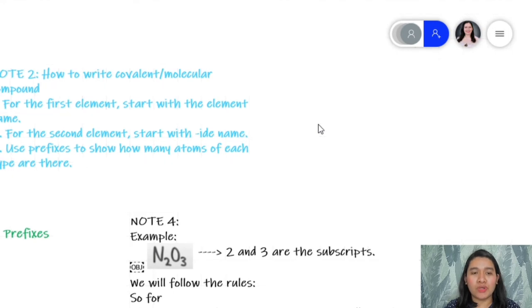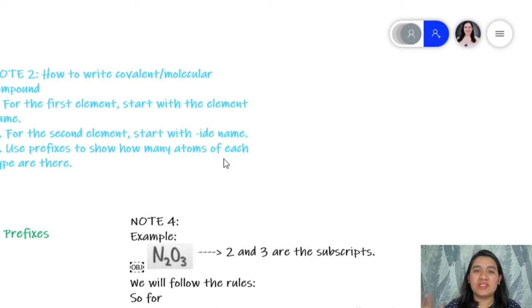Rule number 2, for the second element, start with the IDE name, so the second element will end with IDE. And the third rule, use prefixes to show how many atoms of each type there are.